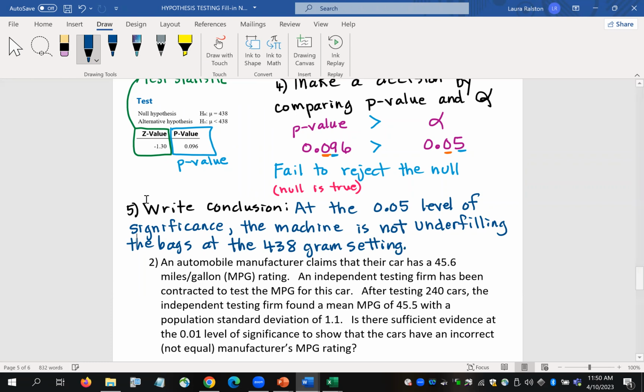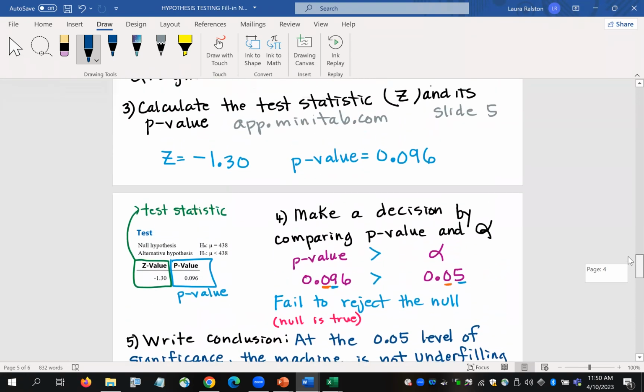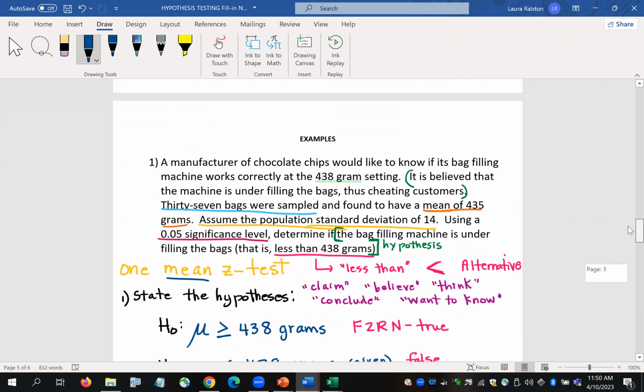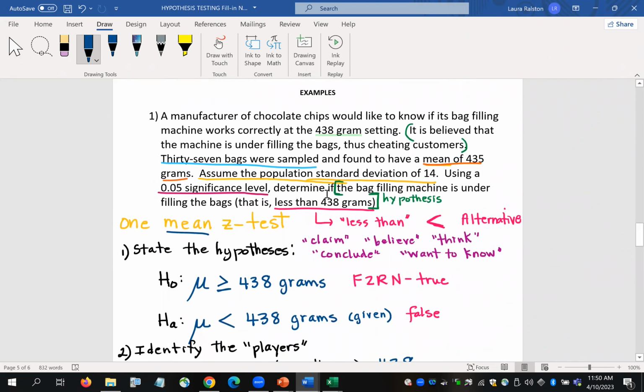That's what the evidence is showing us, is that it is not underfilling the bags. Notice that I pretty much took this hypothesis that we identified earlier and I added a word. I added the word not because the evidence showed that we were not underfilling.